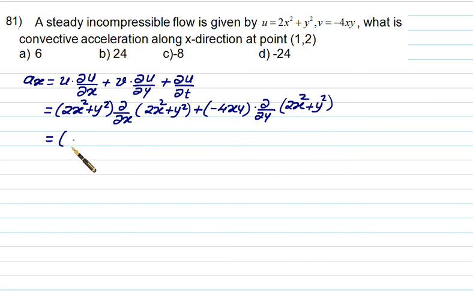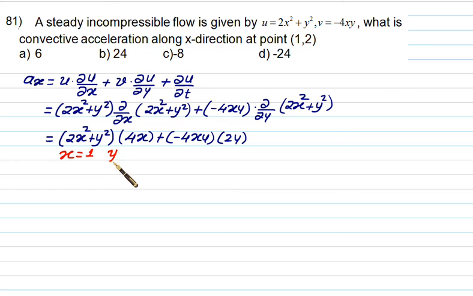So you will get here (2x² + y²). Derivative of 2x² with respect to x is 4x, plus we have minus 4xy into the derivative of 2x² + y², which is 2y. Now this you have to solve at x = 1 and y = 2.